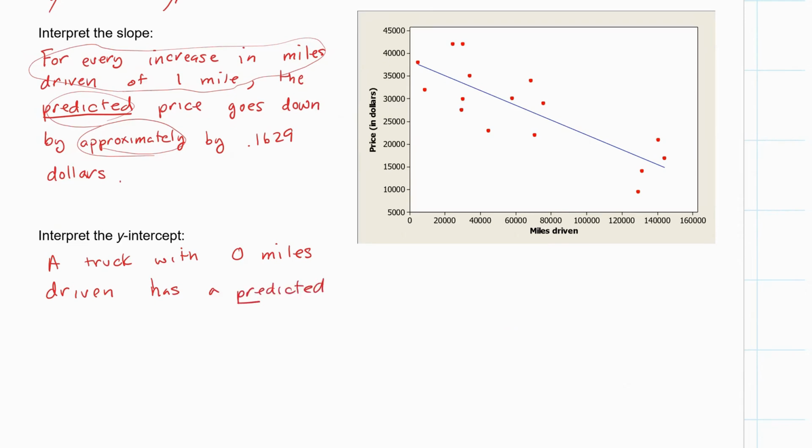And again, underline predicted, because not all trucks are going to be exactly the same, but the predicted price is coming out of this model, and in this case, that number is $38,257. All right.